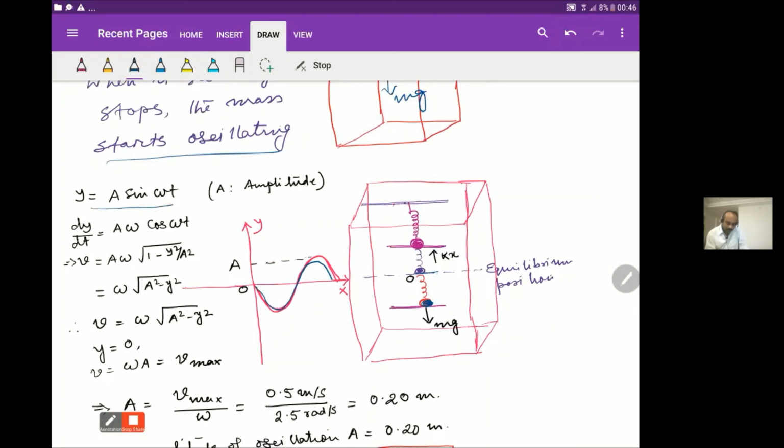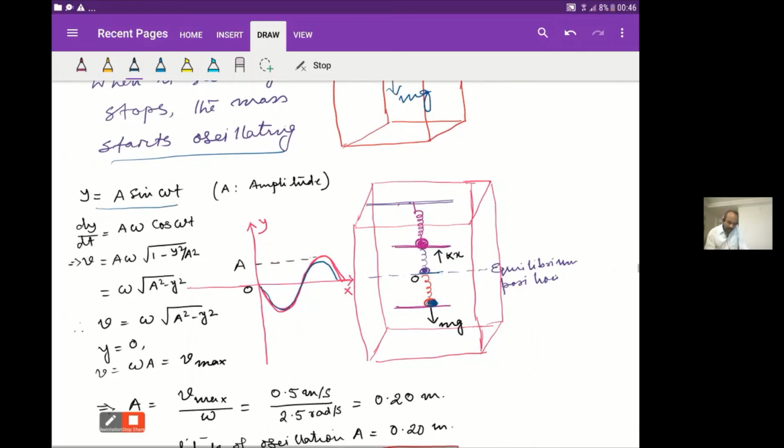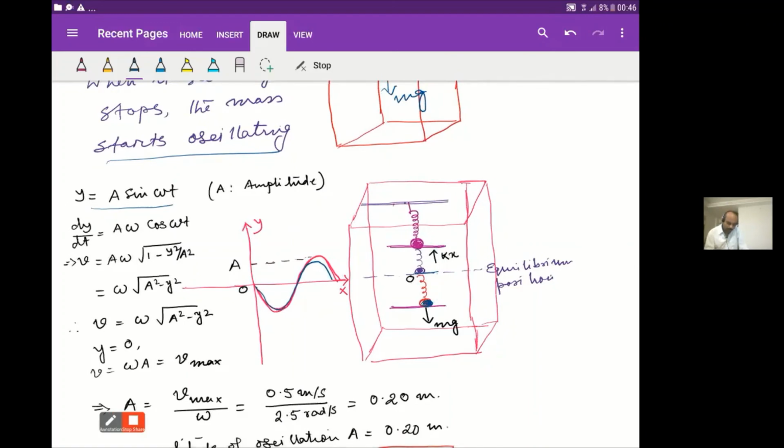We can write y equal to a sine omega t, because our y is the direction of oscillation and a is our amplitude, that means maximum displacement from the equilibrium position. So if we take derivative with respect to t, that gives us dy by dt is equal to a omega cos omega t. dy by dt is our velocity.